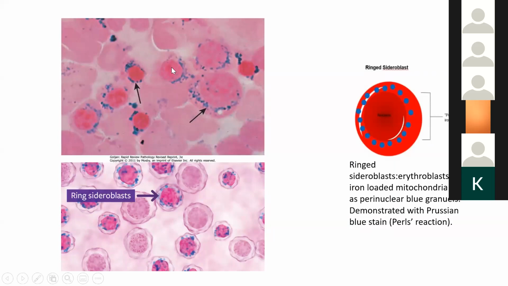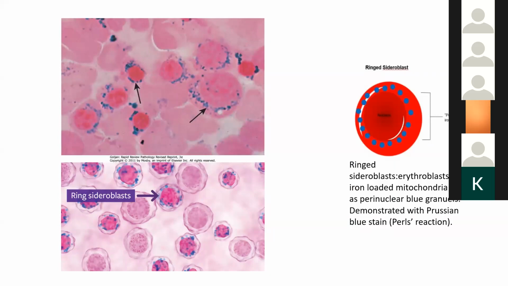I mentioned to you ringed sideroblasts. So ringed sideroblasts are developing red cells. They are nucleated red cells or erythroblasts, which are abnormal in that the mitochondria are loaded with iron.